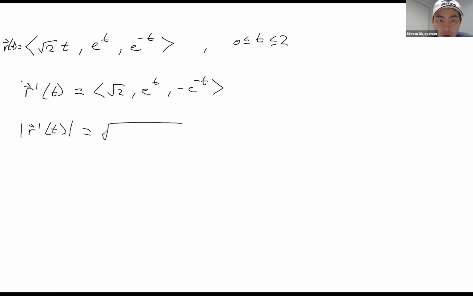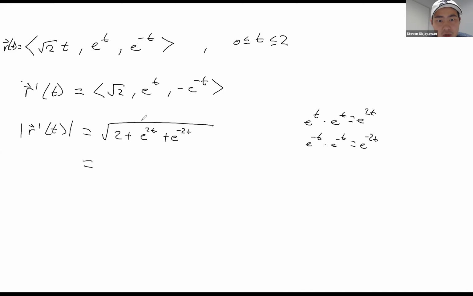That'll be the square root of 2 plus e to the power of 2t plus e to the power of negative 2t. For this one, you can actually factor this down. e to the t times e to the t gives me e to the power of 2t, and e to the negative t times e to the negative t gives me e to the negative 2t.